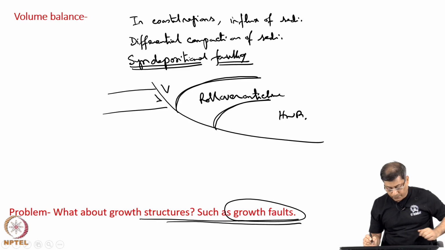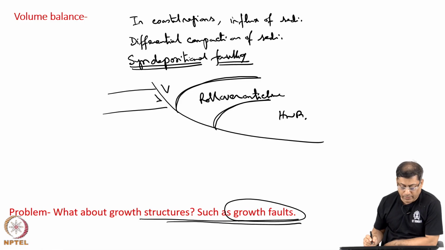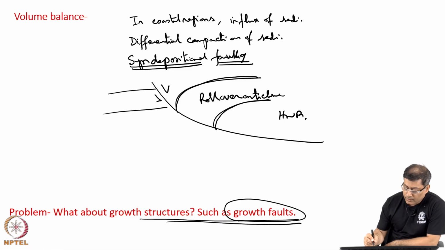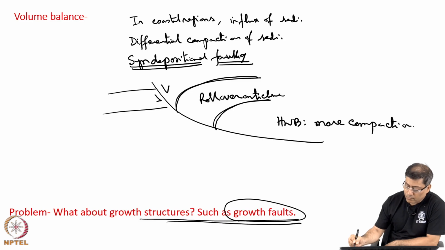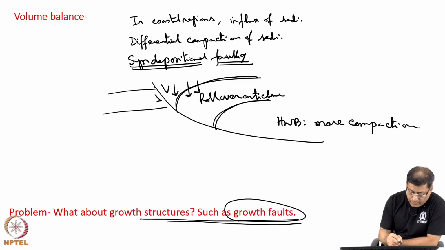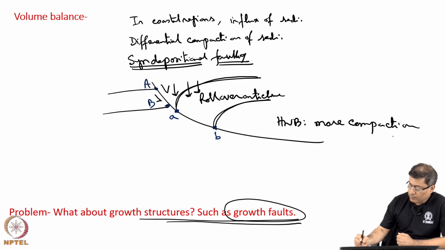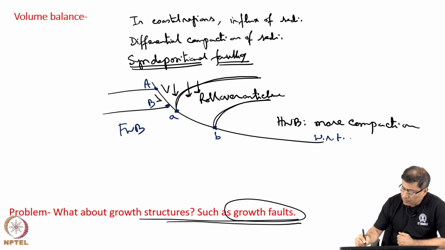The origin of growth fault is not very well understood, but it looks like in the hanging wall block there is more compaction. So, the sediments actually get compacted and a slip happens. These 2 points at one point were together, capital A and small a, capital B and small b, more compaction with respect to the foot wall block.